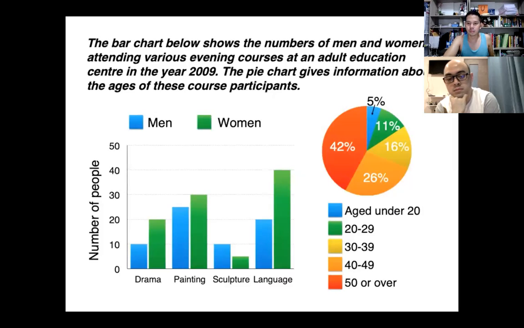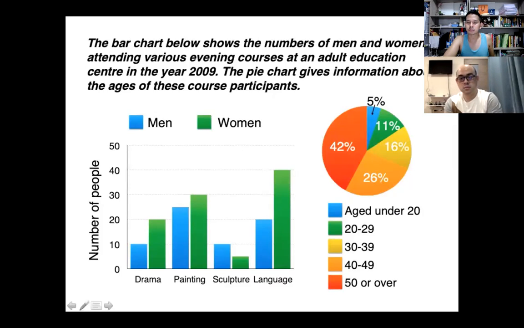Okay, so the bar chart below shows the numbers of men and women attending various evening courses at an adult education center in the year 2009. The pie chart, so this is the bar chart, right? The pie chart gives information about the ages of these course participants.